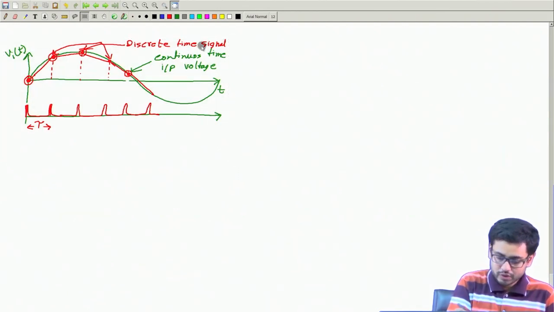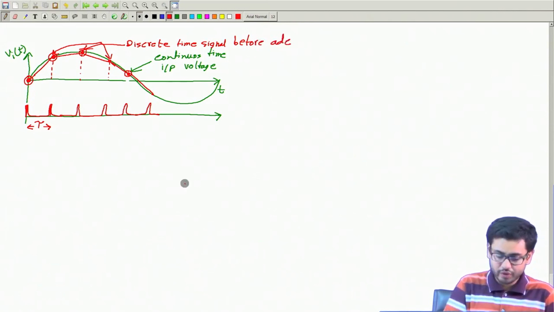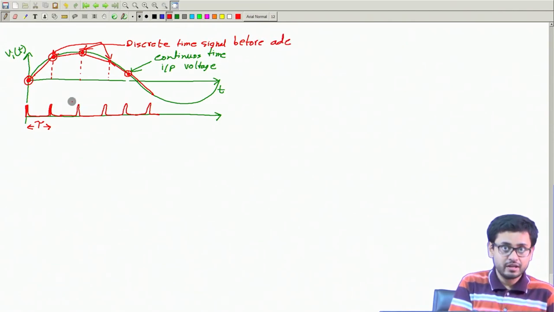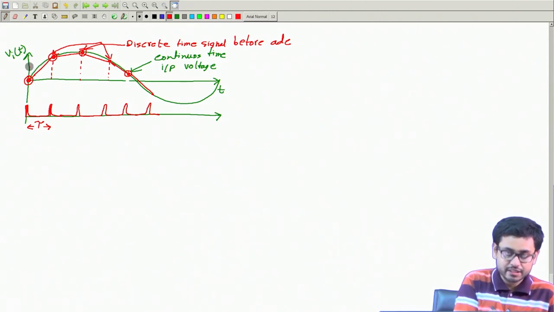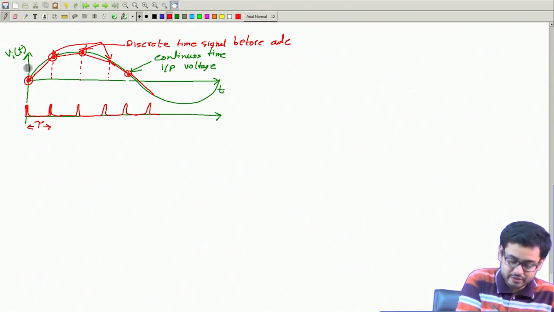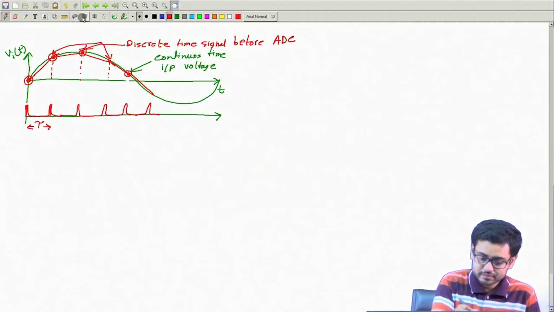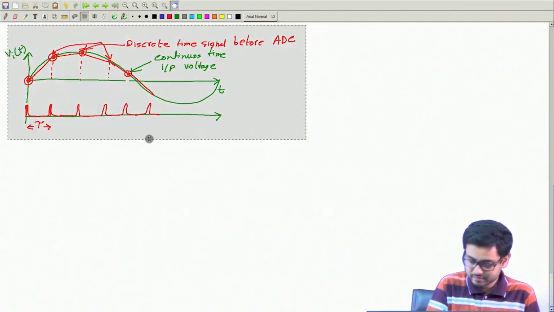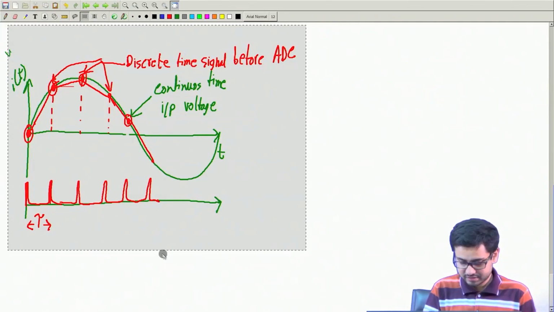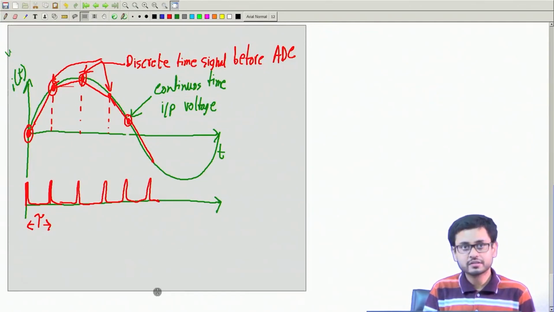Okay, so this is the discrete signal which we have before the ADC, and the ADC will quantize it to a set of accepted values. Let me zoom in.